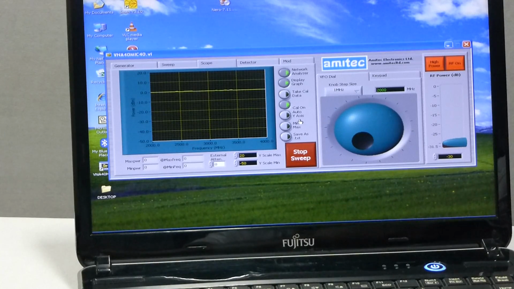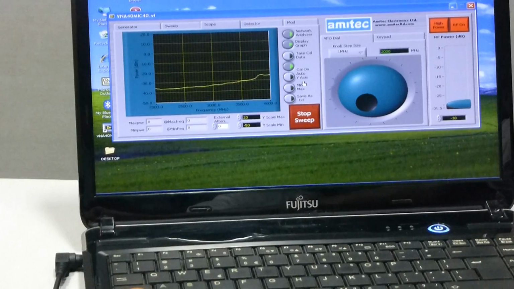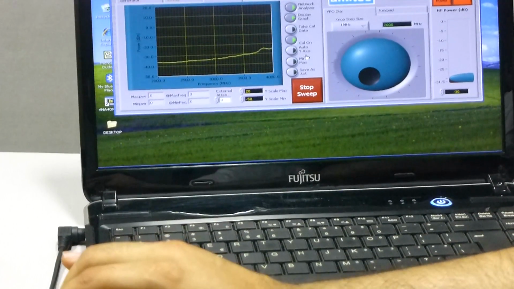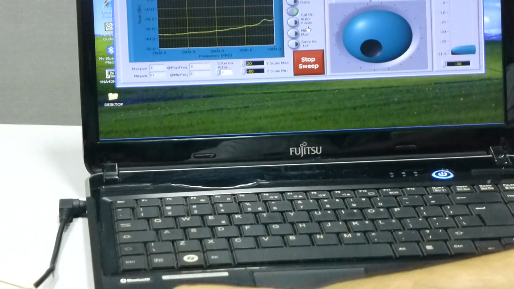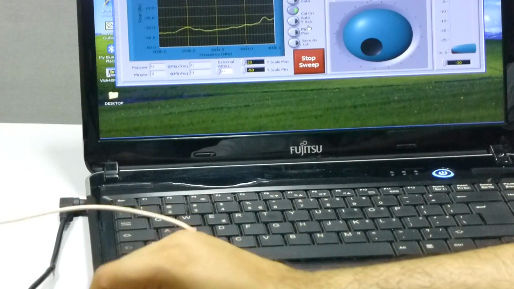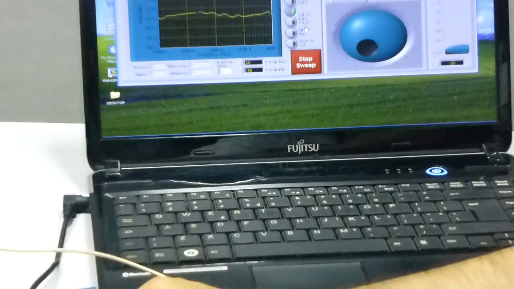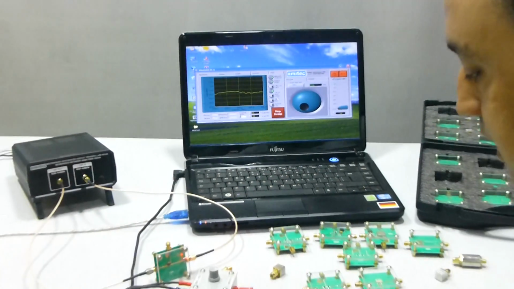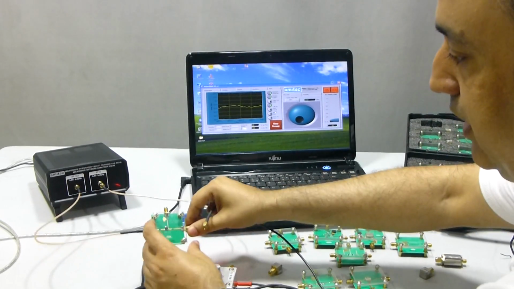Now we apply the power at the MMIC amplifier. Now we power on this MMIC amplifier by applying a DC voltage through a variable and a fixed power supply here.